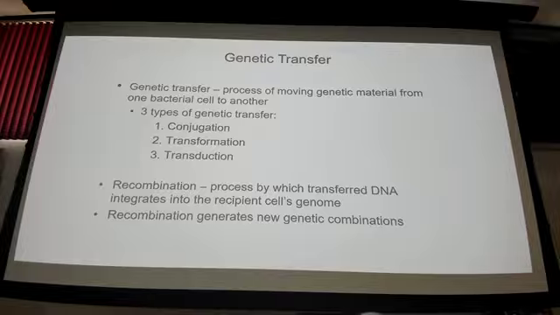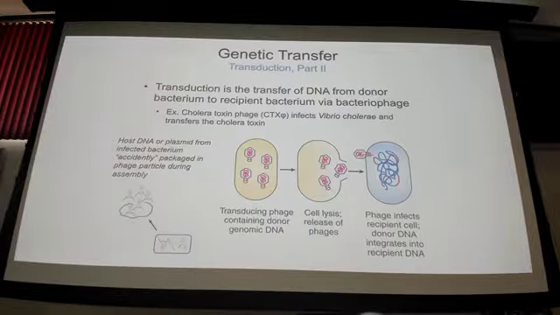Yes, sir. For transduction, for part 1 and part 2, are they two separate things? Or are they different stages? No. I should have labeled them part 1 or part 2, and I didn't put the slide in here, but the first was just to set up what phages are normally. The second part is once we're done explaining what the lysogenic cycle is versus the lytic cycle.